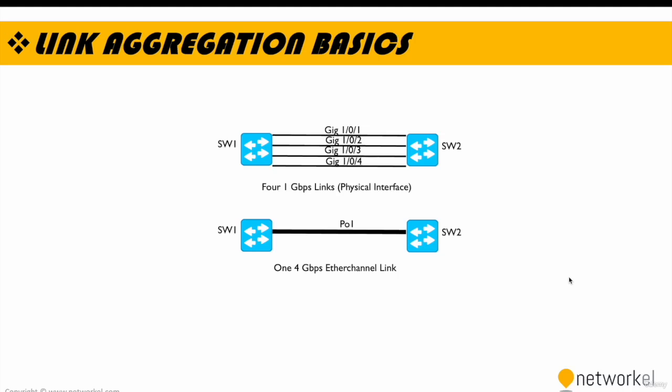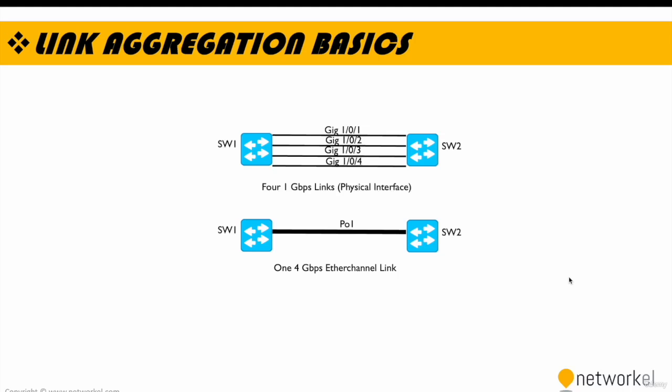By aggregating multiple links, the total bandwidth available between devices can be increased. For example, if you combine 4 1 gigabit per second links, the result is an effective bandwidth of up to 4 gigabit per second.